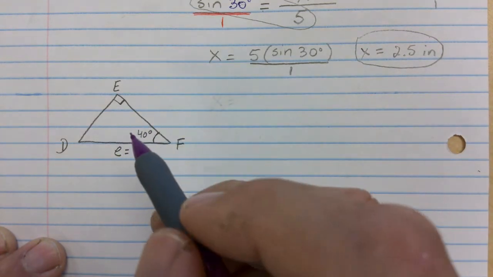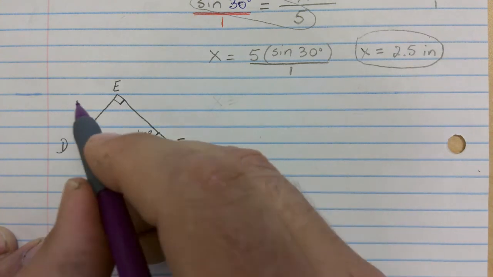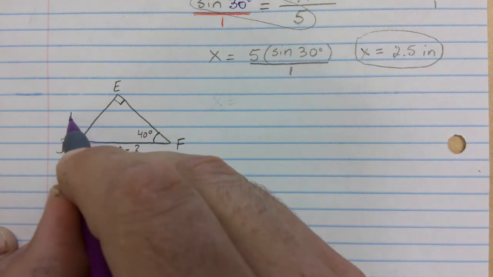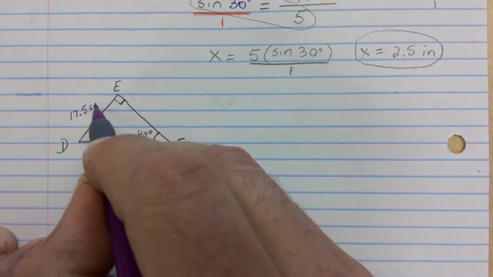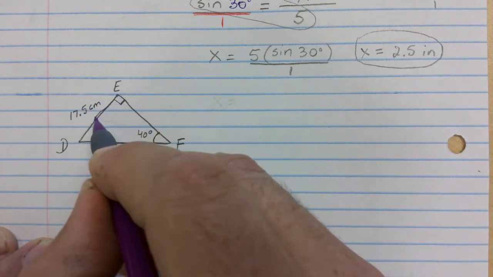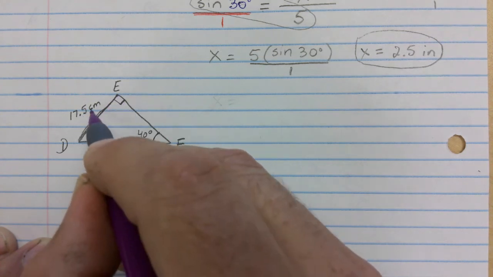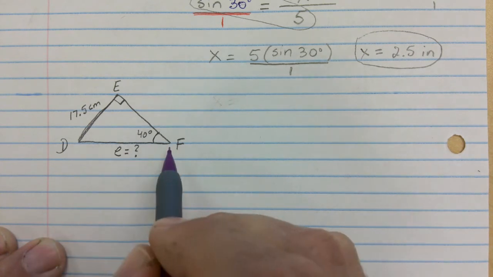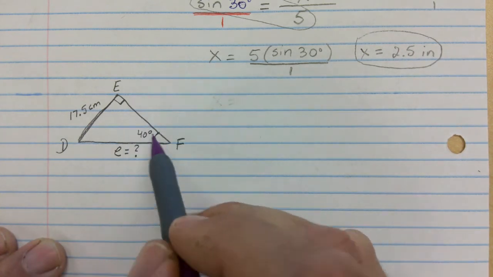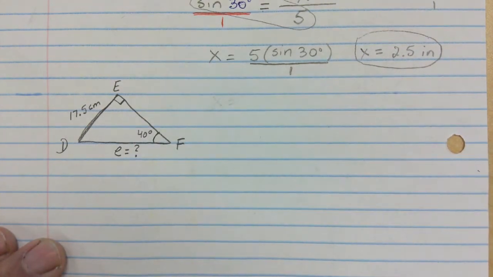And we're going to know that this is 17.5 centimeters. Okay, so this side length right here is 17.5 centimeters. E, which is across from angle E, is unknown to us. And this is going to be our don't know, don't care side. Okay, so copy this down.